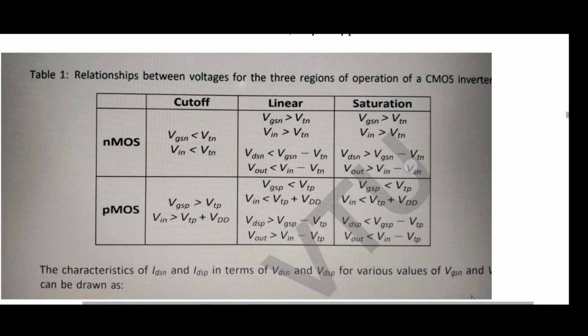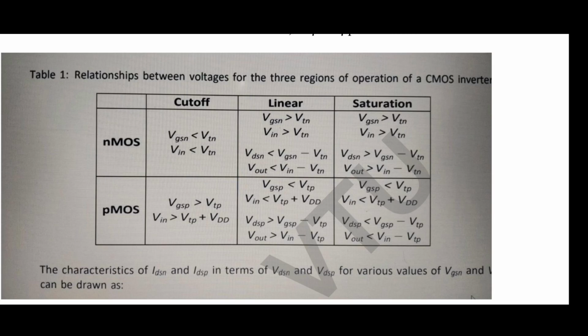Here you can see cutoff region, linear region and saturation region. In the cutoff region, how are the NMOS and PMOS going to behave, and the same for linear and saturation region. So try to refer to this table.